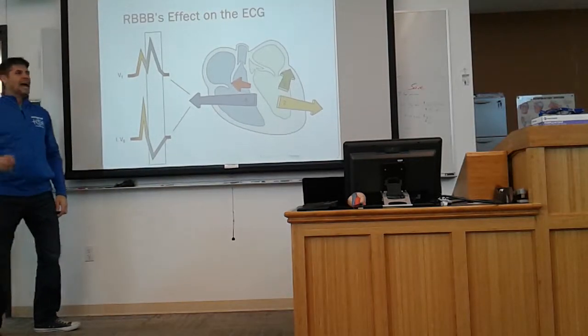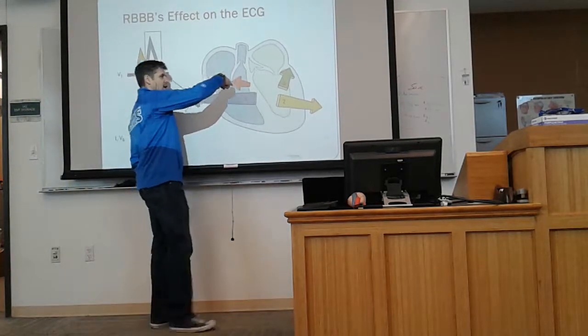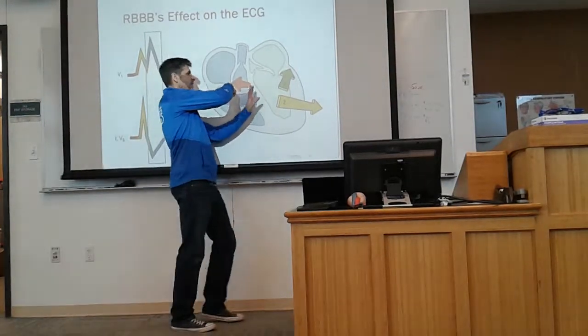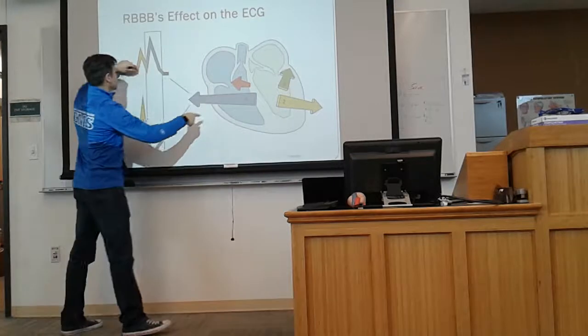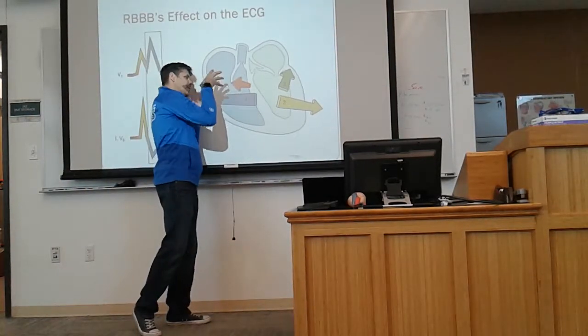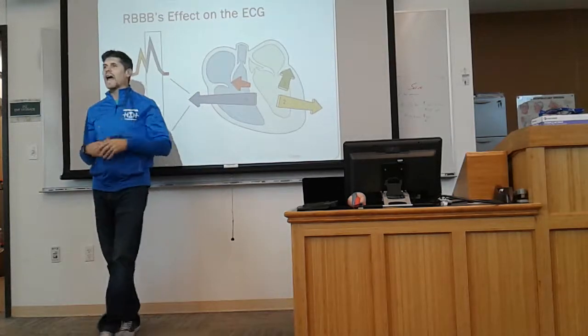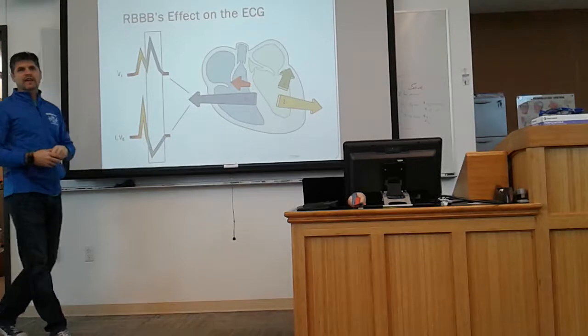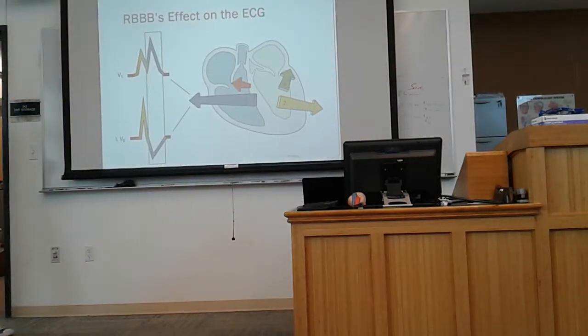When I'm looking at V1, which is right here, it sees this stuff happen first, and then right after that it sees the big massive stuff that's coming right at it. That's why we see a much larger second R wave. Are we clear?